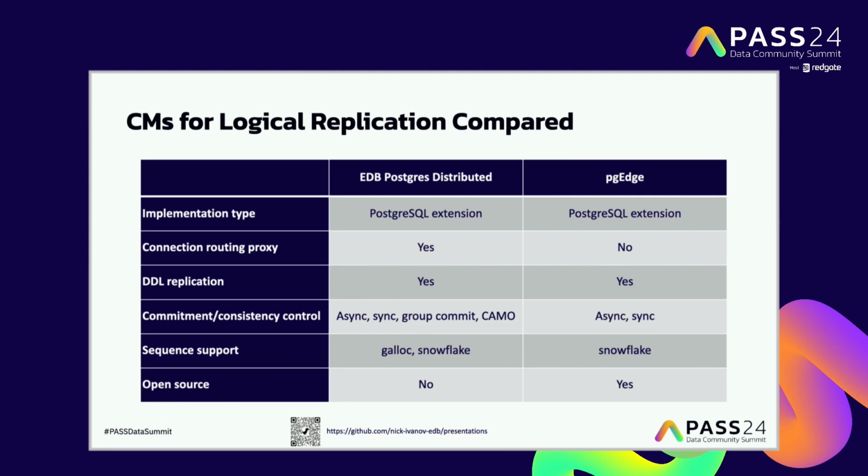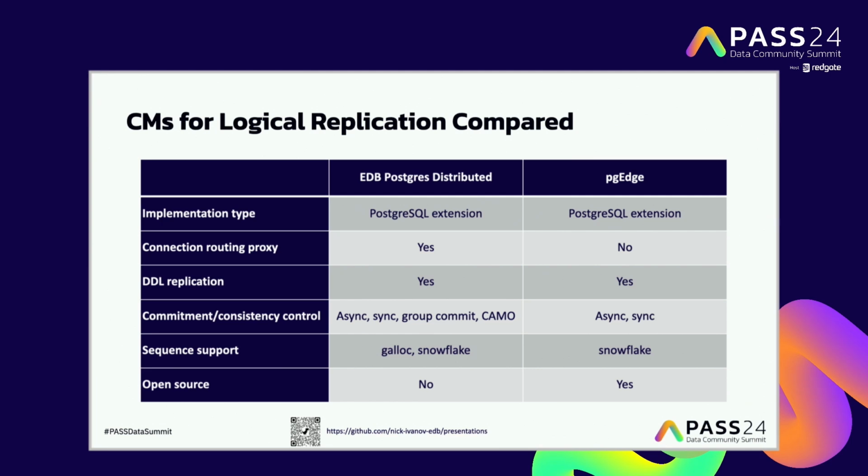Since PGLogical 2 is not a maintained product anymore, I didn't include it here because nobody should really use it. But the two remaining products are very comparable in what they do. They both are implemented as Postgres extensions, and they both have this ability to determine the cluster status, maintaining quorum, doing the majority-based election between them inside that extension. So they're very, very similar in that sense.